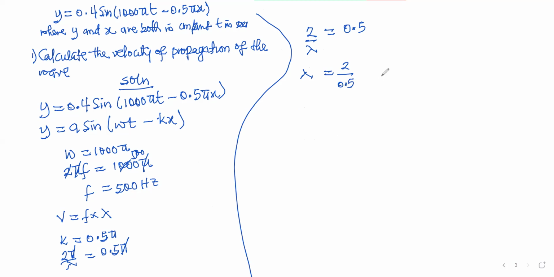And class, what is 2 divided by 0.5? Please, 4. This is 4 centimeter. Therefore, our speed of the wave v will be equal to f times lambda, which is 500 times 4.